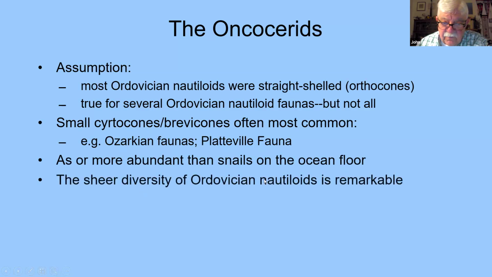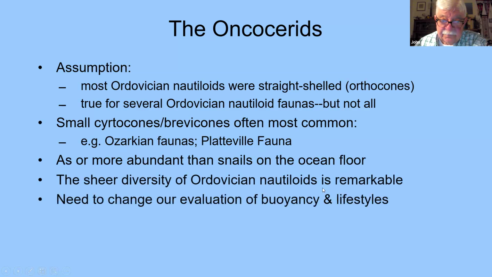The sheer diversity of Ordovician nautiloids, and I'm going to show you that, is remarkable. We need to change our evaluation of buoyancy and lifestyles. Because of Nautilus, the big thing about nautiloids is that they have a hard shell, but because of removing fluid from the chambers and replacing it with low pressure gas, they're neutrally buoyant.